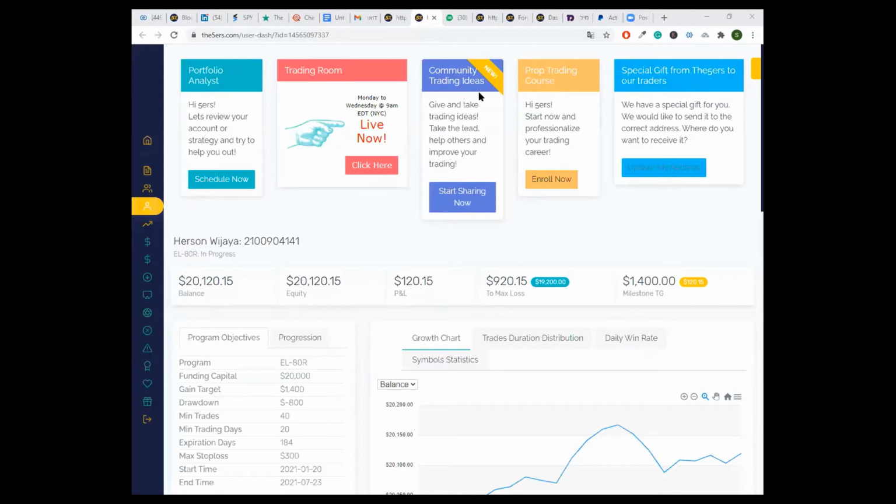For those who don't know how to connect to the dashboard, you just need to use the login details for the website and connect through the yellow login button at the top right corner of the website. Once you get inside your dashboard, here is the community trading idea. Start share it now will just take you to the page that we just saw before.